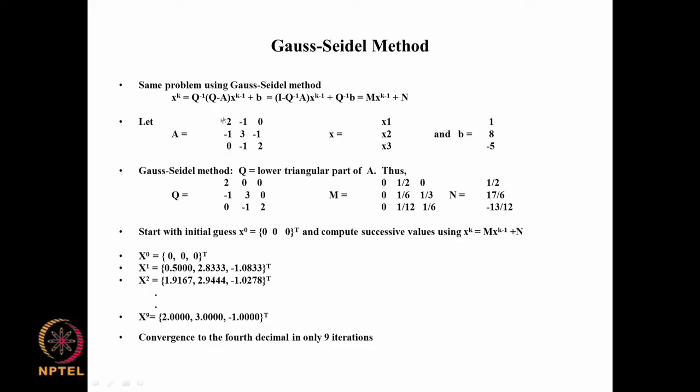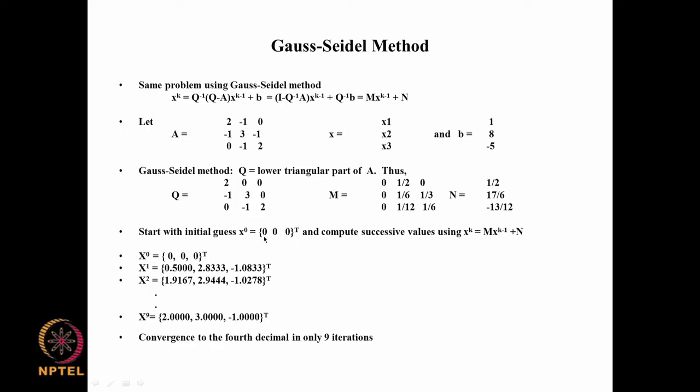For the same set of equations here, now Q is taken as all the elements which are on this main diagonal and below that. So, that is this one, 2, 3, 2, minus 1, and all this upper diagonal elements are 0, and then this is 0 because this is 0 here, and we can substitute in this and we can get M and N to be like this.